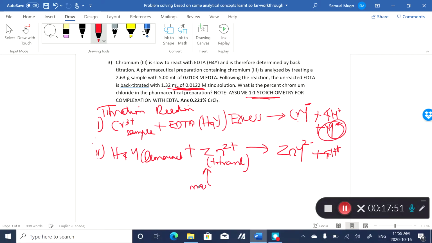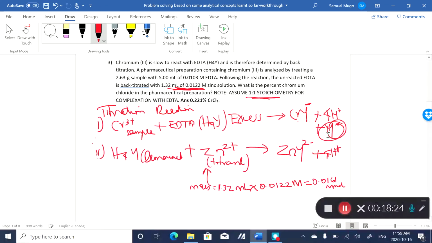So the moles of zinc are going to equal 1.32 mL multiplied by its concentration, 0.0122 molar, and my answer is 0.0161 millimoles.